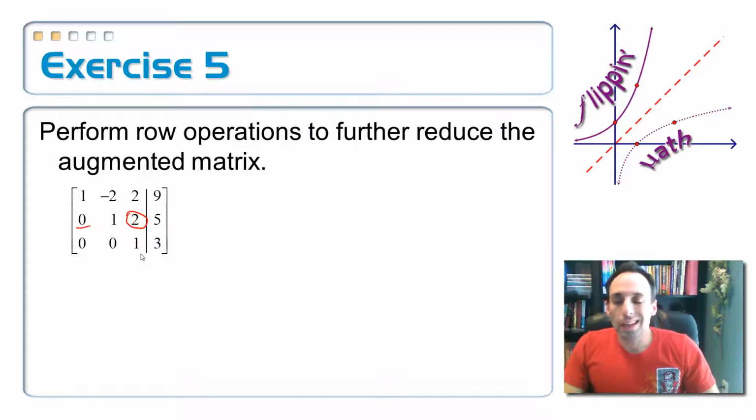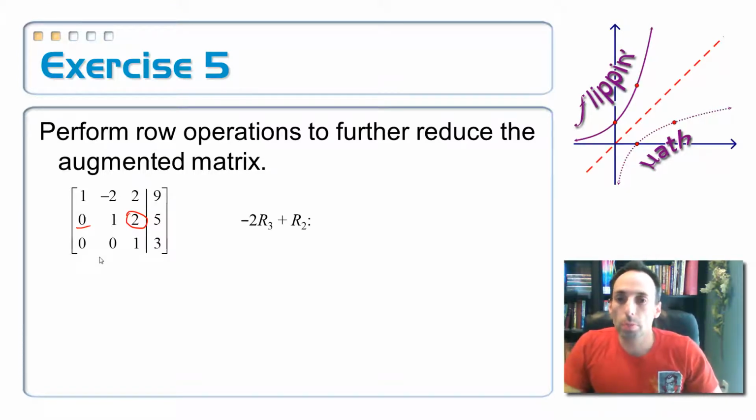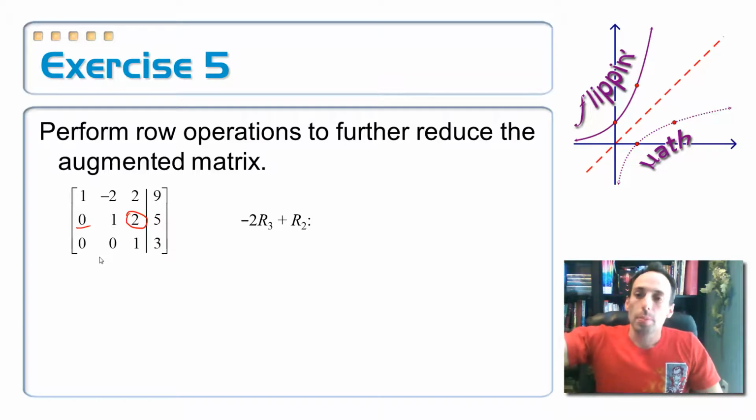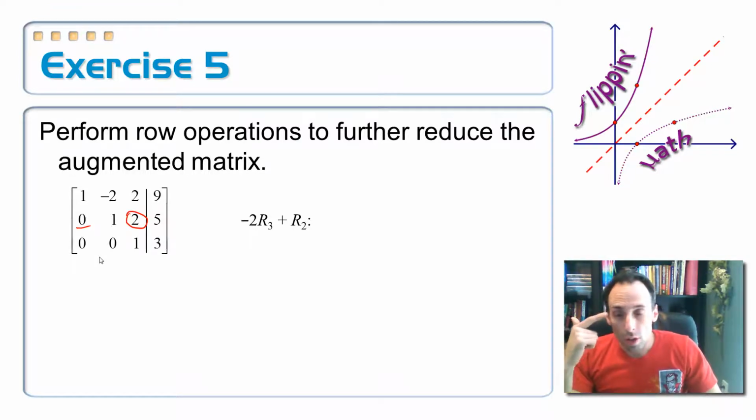But it's a 1, it needs to be a negative 2, so we need to add negative 2 times row 3 plus row 2 to replace row 2. The top equation will stay the same, the bottom equation will stay the same. Just to help my addition a little bit for my eyeball, I'm going to go ahead and right here multiply the 1 and the 3 by negative 2.